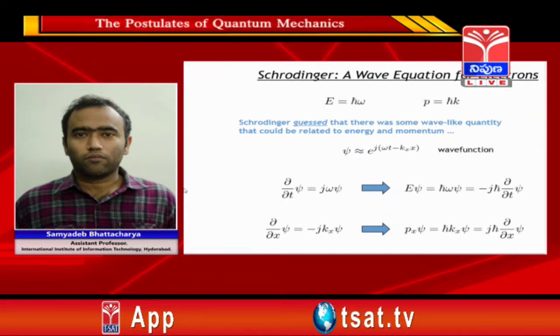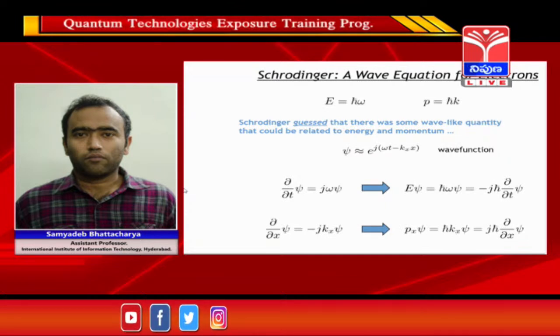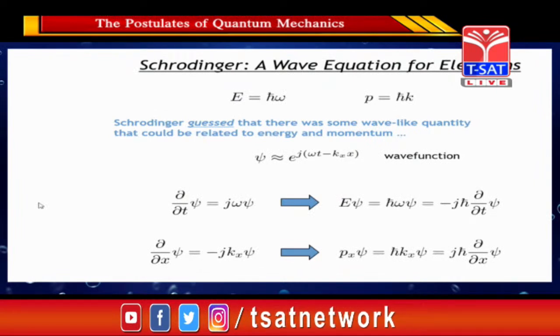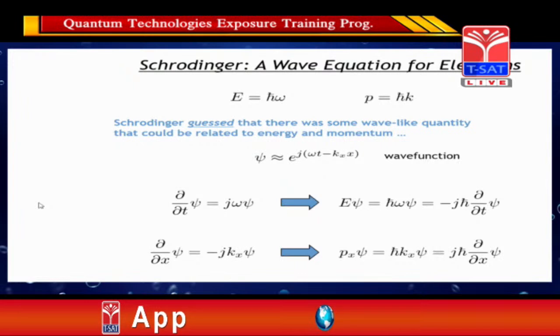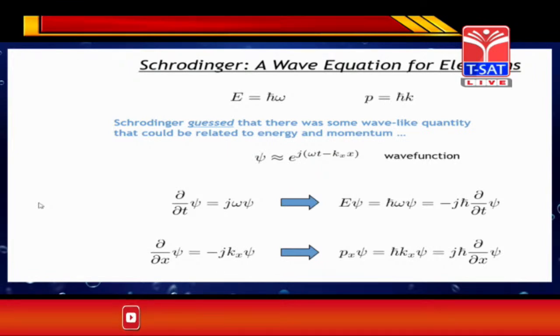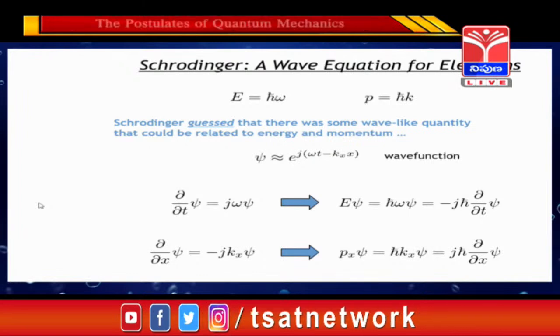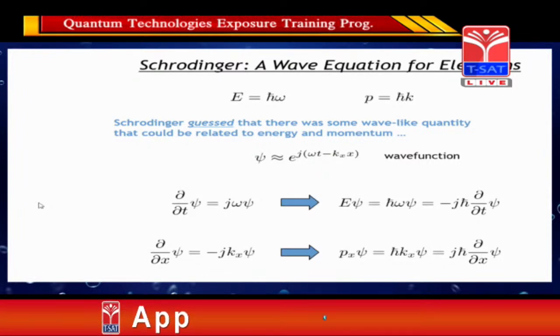The new thing is that omega is now associated with energy. Omega is E by h bar, and k is associated with momentum, that is p by h bar. So you see, if you take the partial derivative of xi with respect to time, we have j omega xi. Now h bar omega is E, that is energy.